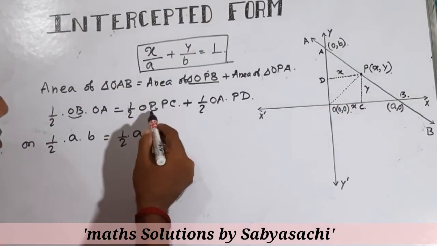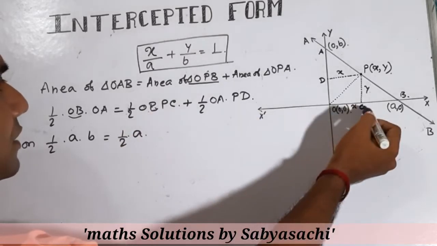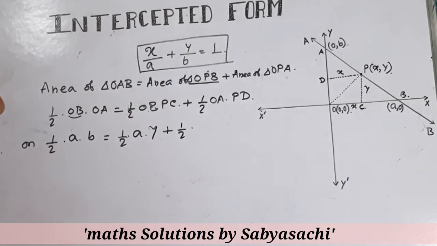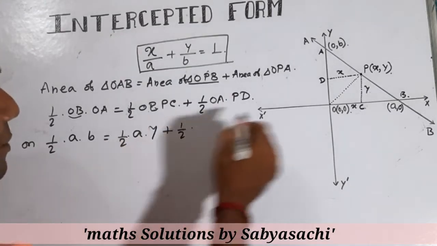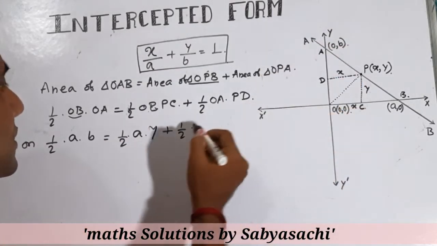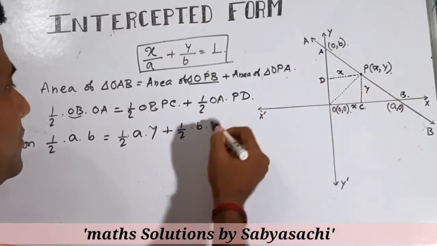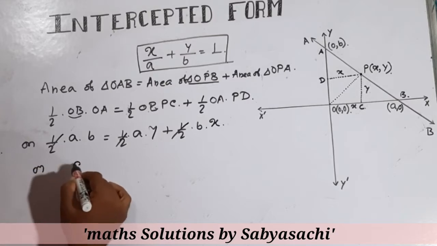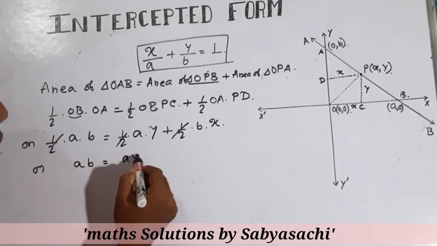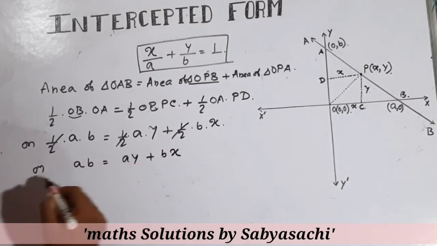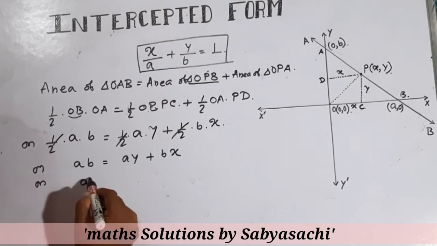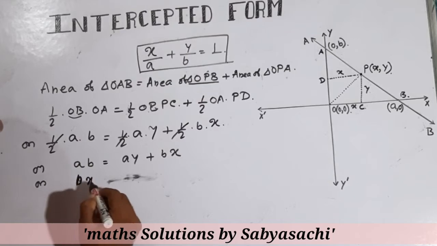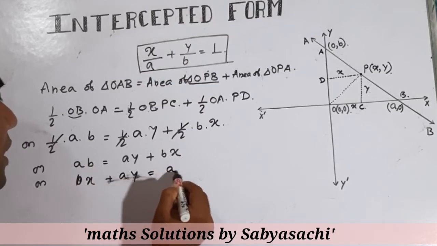Then this is equal to half OB into PC, that is y, plus half OA into PD, that is x. Cancelling half from both sides, we get ab = ay + bx. Transferring, bx + ay = ab.